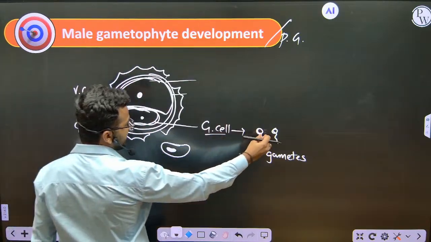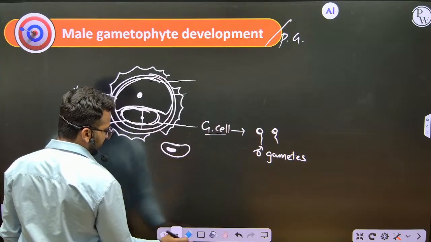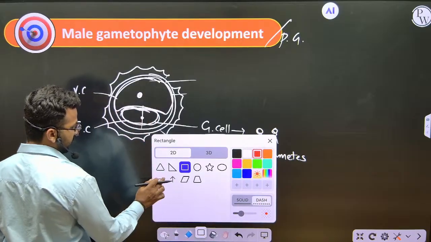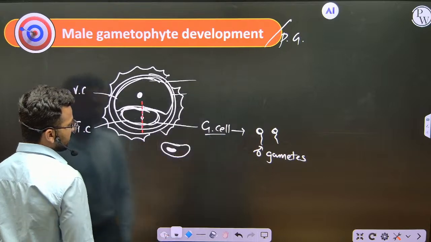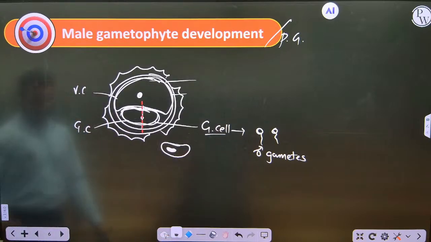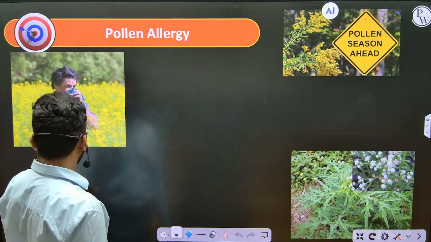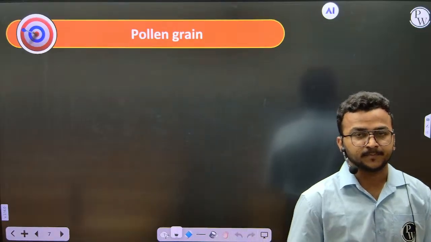Here gametes are nothing but these two cells from the generative cell. When it divides like this, it forms two gamete cells there. Okay, so it is about the male gametophyte. So the male pollen grain is ready now.